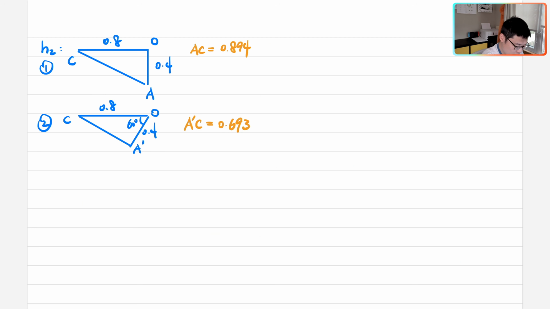So if I take the difference between AC and A prime C, I can get how far M2 dropped. 0.894 minus 0.693, so we have 0.201 meter. Okay, one parameter at a time. So we solved for H2. H1 is a bit tricky. We'll leave H1 for the end.